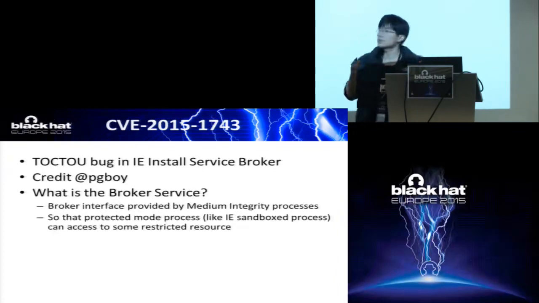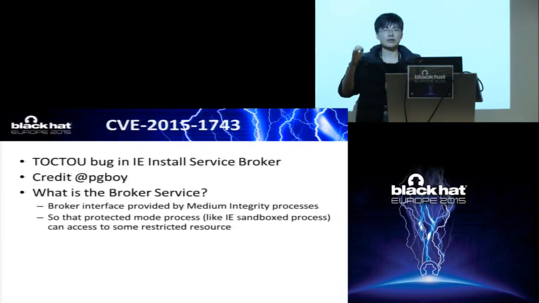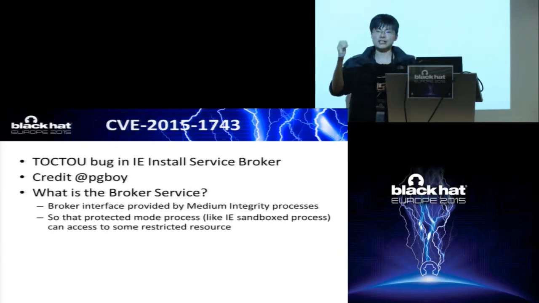As we introduced previously, app container processes have very limited access to system resources. But sometimes these processes need to access certain resources to provide their normal functionality. For example, IE may need to install some plugins, and a Flash plugin may need to access a Flash folder to access its cache data.